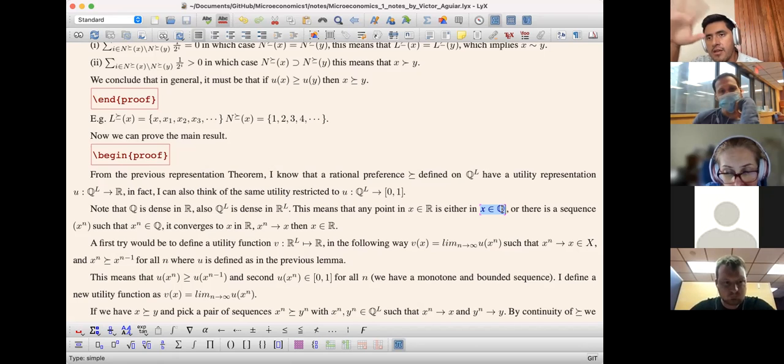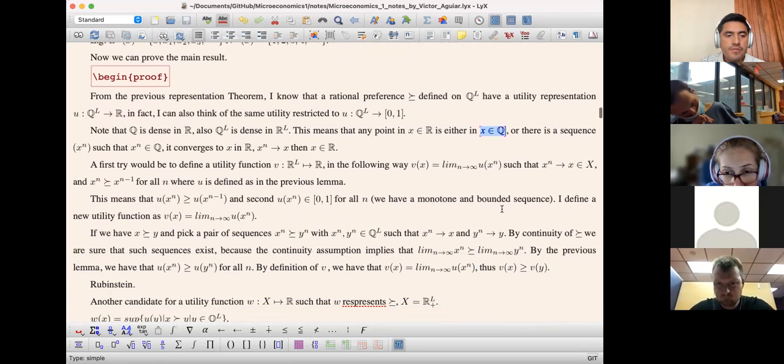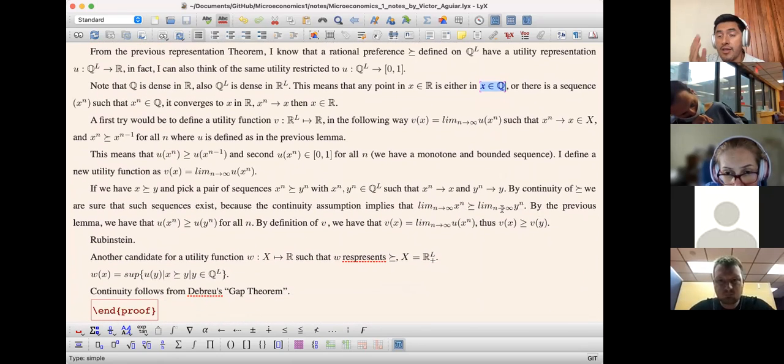The issue here, which makes it a little bit hand-wavy, is that you have to assume that you can pick these increasing sequences. But other than that, it's a good construction. And here is where continuity kicks in.